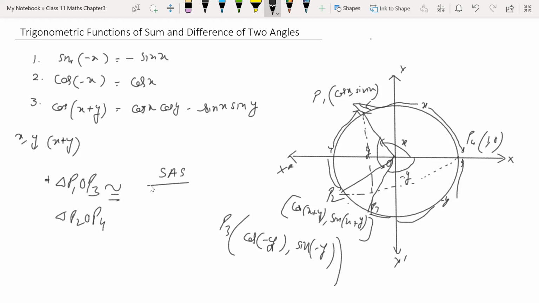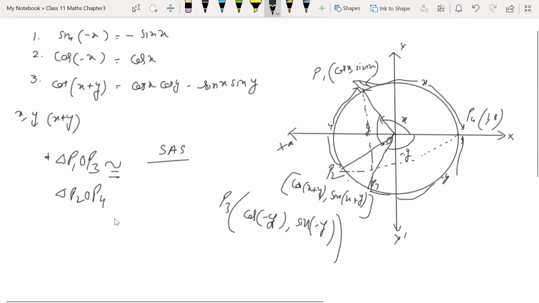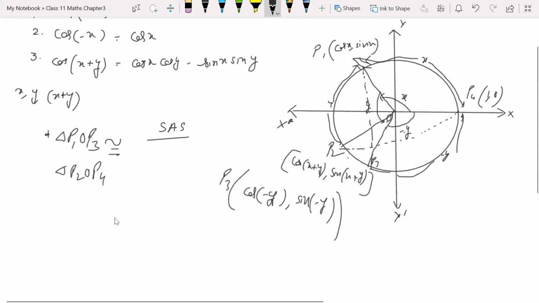You have studied this in your previous classes also. It means that this theta angle would be the same as this angle, and the sides would be the same. Therefore, they are congruent. Therefore, P1P3 is equal to P2P4.